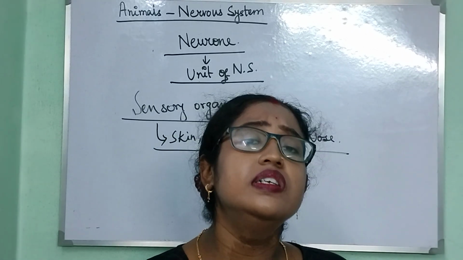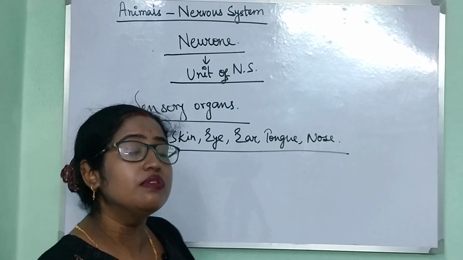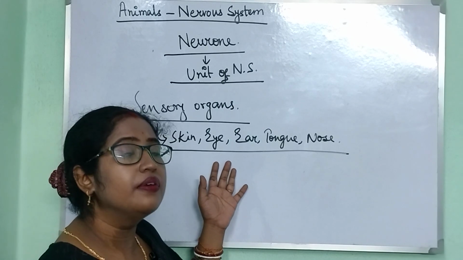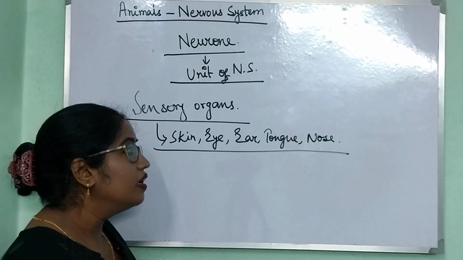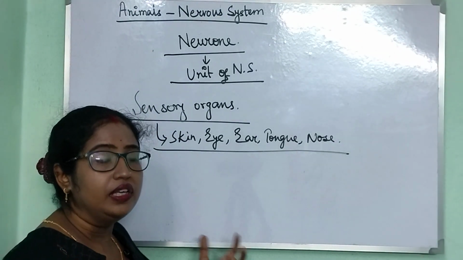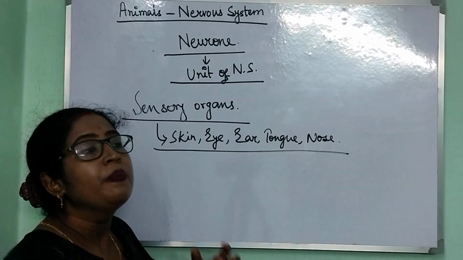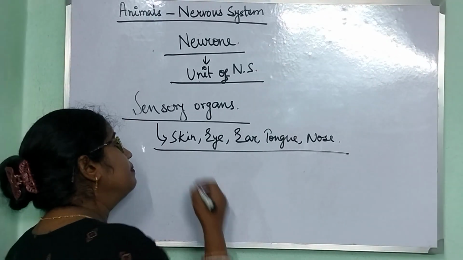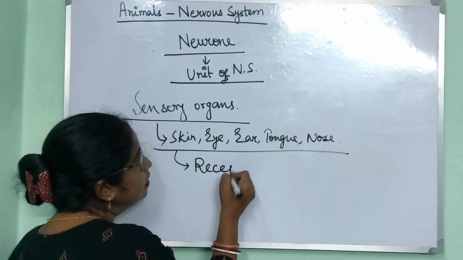After receiving specific kinds of stimuli by these special sensory organs, these organs have a receiving property in their characteristics. They receive the stimuli and transmit them into the nervous system. So they have receptors.